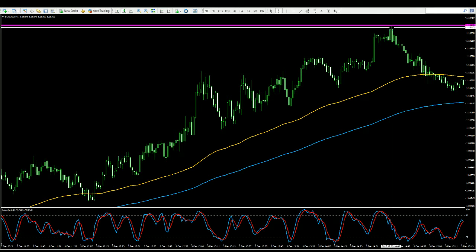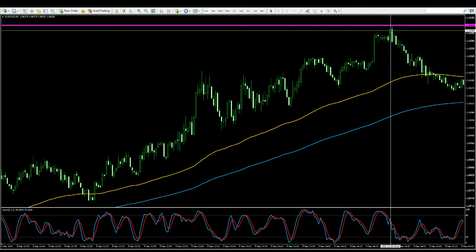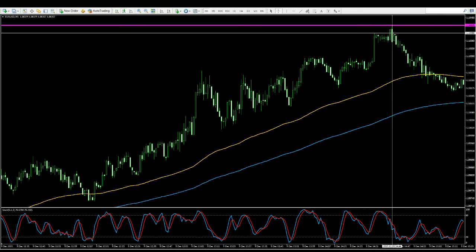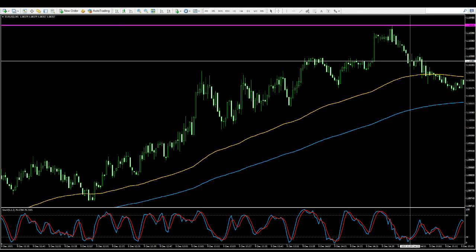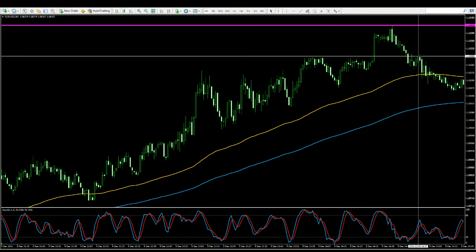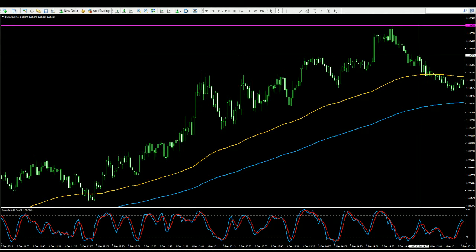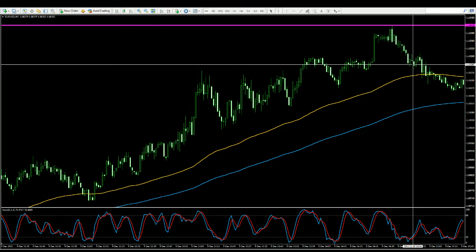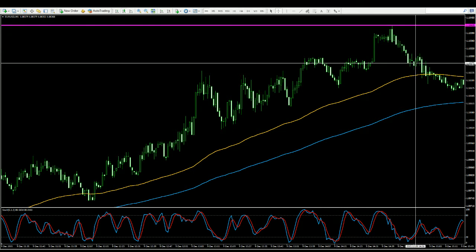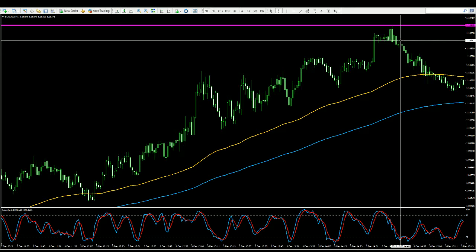But it's okay, 1 pip, it's okay. So I would have entered for about 10 minutes already here. As you can see, it did go down all the way, and it tried to turn back up before the full hour. It failed, but sometimes this turn up happens further close to that line that you want to take the trade on.